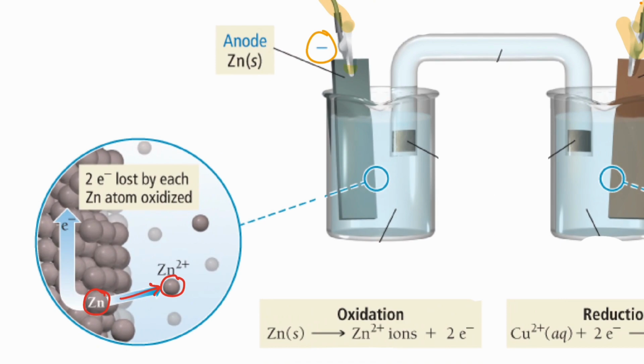We're losing that solid zinc anode as it becomes zinc ions. So our anode loses mass as this reaction occurs. That's why batteries do not have an infinite lifespan. Eventually, you will use up your anode and your battery will no longer work. Right? It's slowly deteriorating over time.